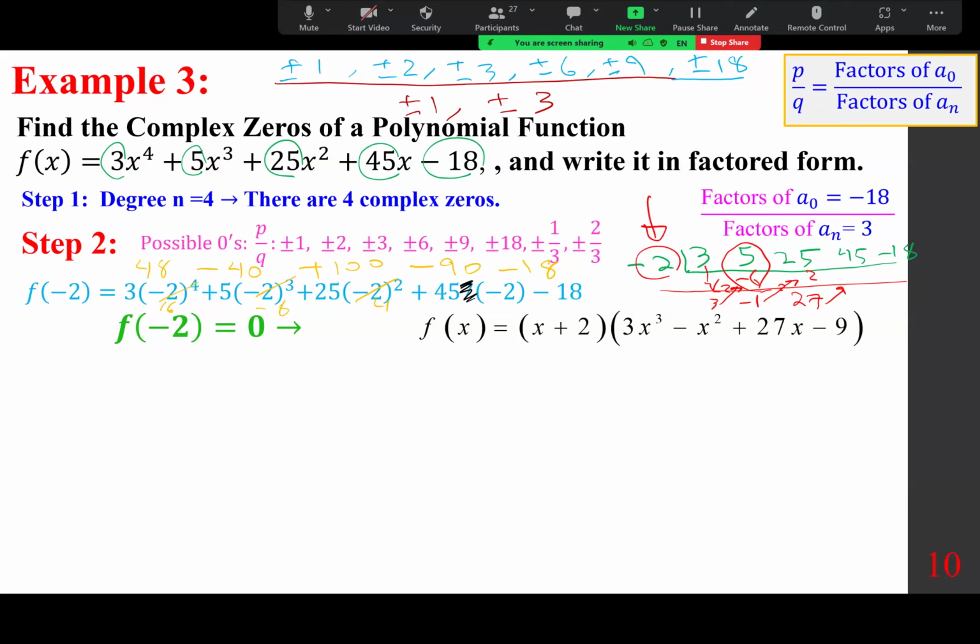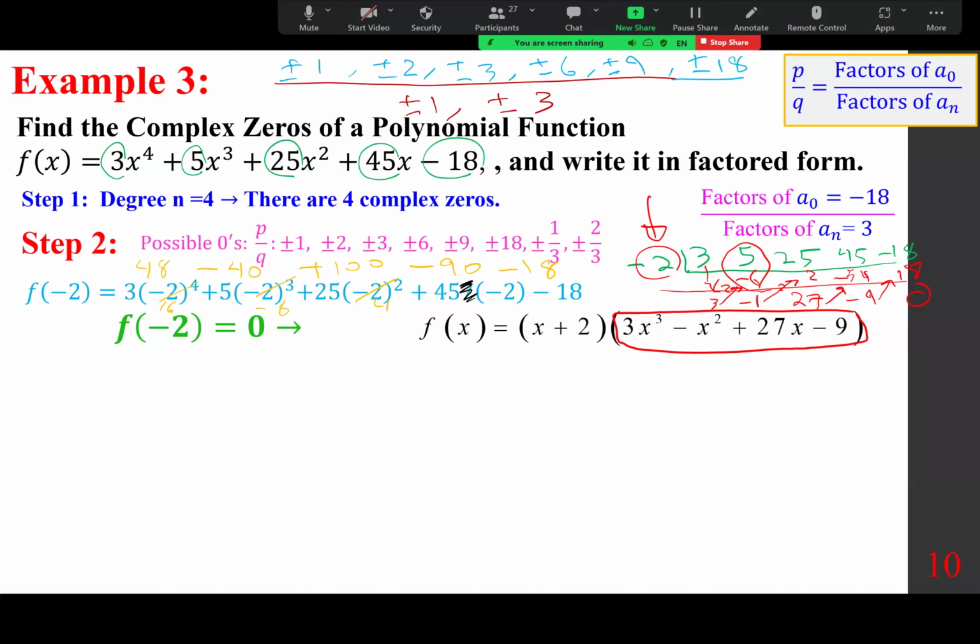You get -54. You get -9 times -2. You get +18 and 0. This is how you get this. Okay, actually, I went through the whole thing. In any event, so we have that.